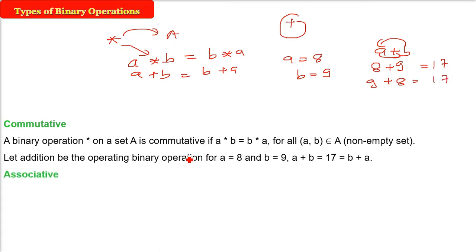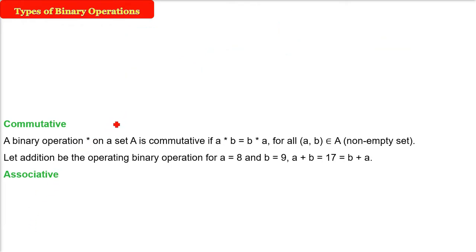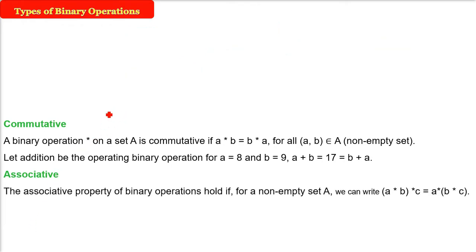Now coming to the second property or type of binary operation, which is the associative. So associative means, see, first you associate with someone else and the result should be associated to the other one. So the associative property of a binary operation holds on a set A which has to be non-empty, that is, a set has to have some value.